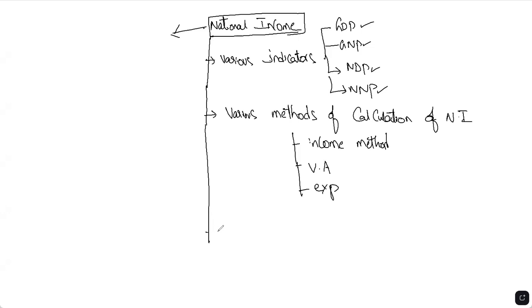And also, friends, recently after 2015, they have changed the way of calculation of the national income. So we also need to see changes in the procedure of national income calculation. This also we need to have a look.